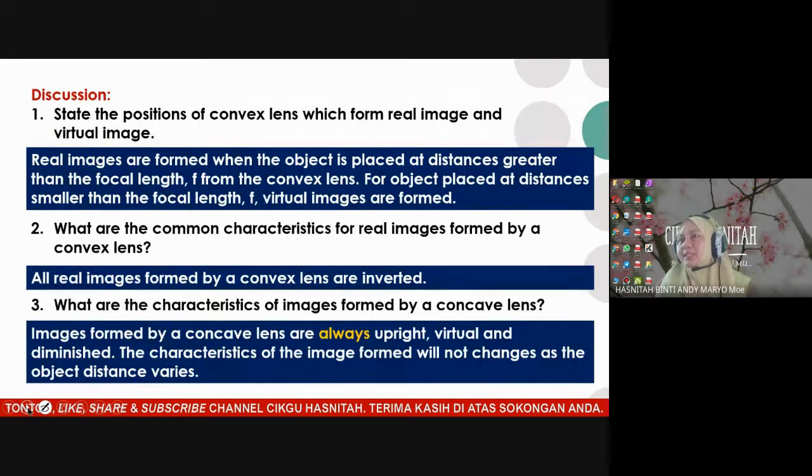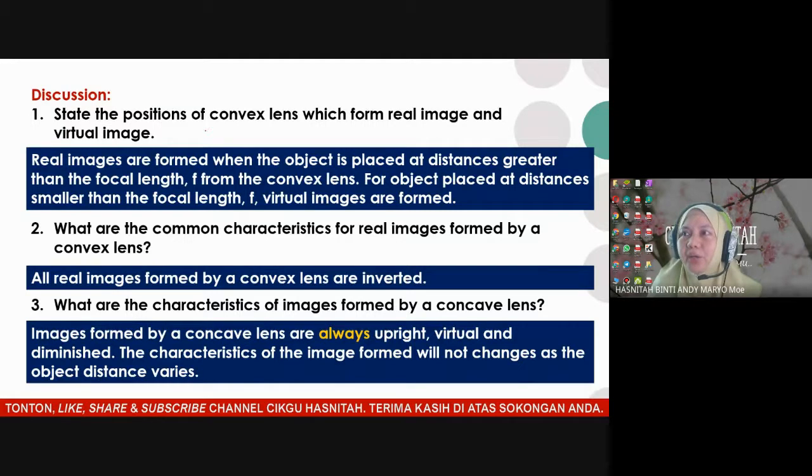So this is the question that comes out from the activity for determining the position and characteristic of image. The first question: state the position of the convex lens which forms a real image and a virtual image. If you study this table just now, for a convex lens, the real image is formed when the object is placed at a distance greater than the focal length.